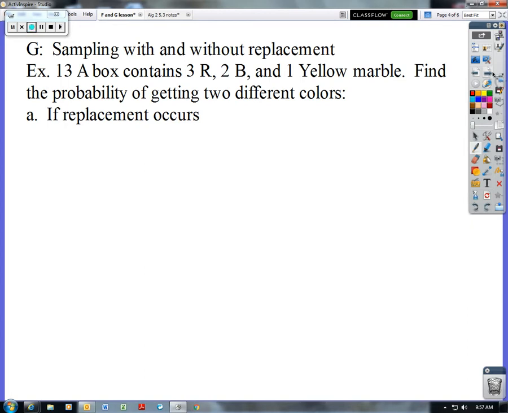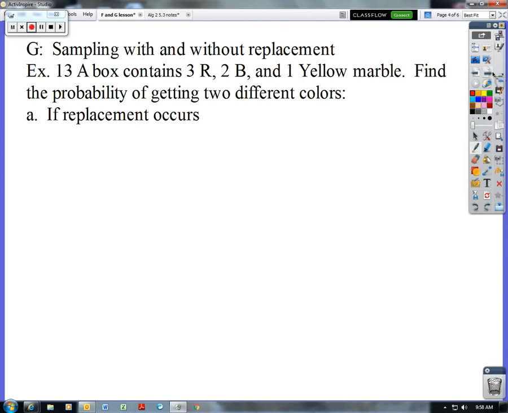In factories, when they're manufacturing things, they have to do quality control, so they take random samples and make sure that things are being made correctly. Sometimes when they sample it, they can't put it back, like if you're sampling chocolates, for instance. But on this first one, we're going to do replacement, so we are able to put them back after we sample them. Maybe it's an electronics part or something.